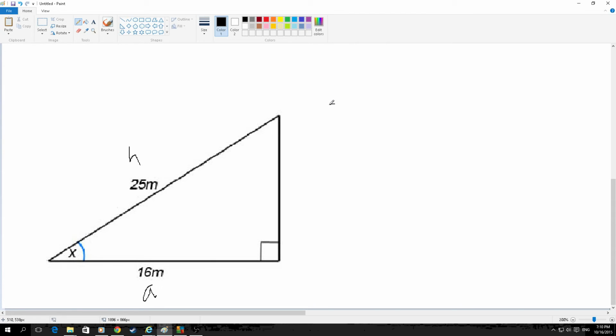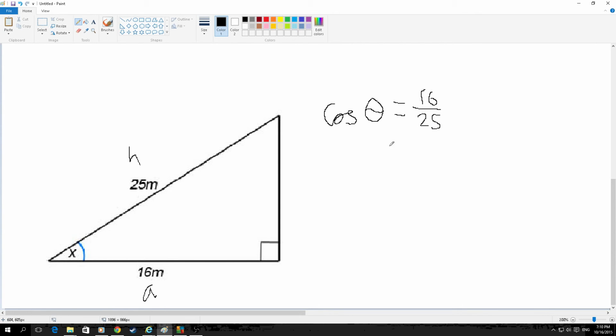So then you write down like we did last time, but this time you're working out angles. You just leave the angle as an x, and that will equal adjacent over hypotenuse, so it's 16 over 25.